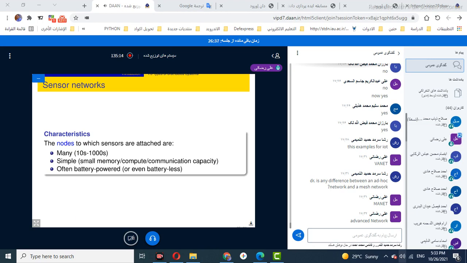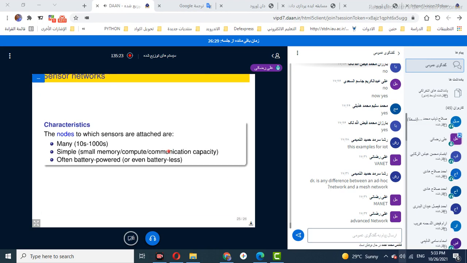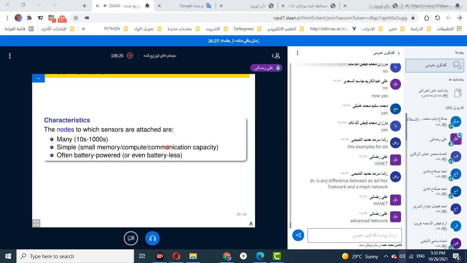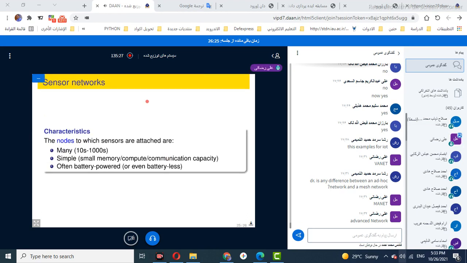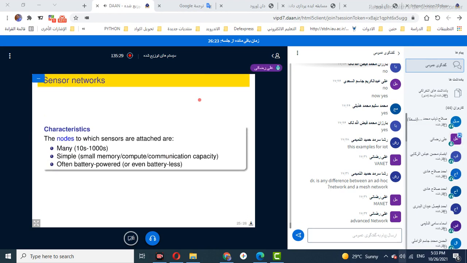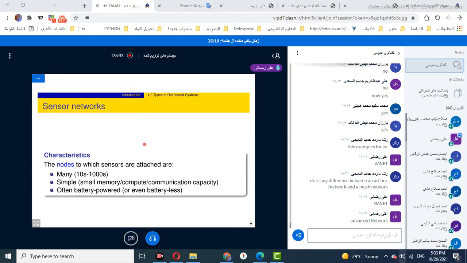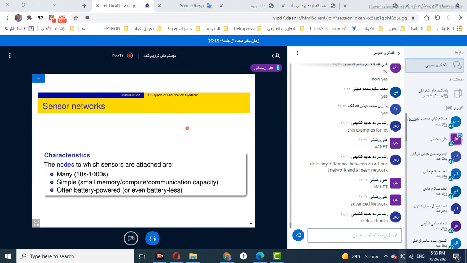This is a very important course. You should take it, and it is very, very fundamental. I will try to point out some basic things here regarding the mesh networks, but you should take that course to learn the details of mesh networks. Okay, you're welcome.